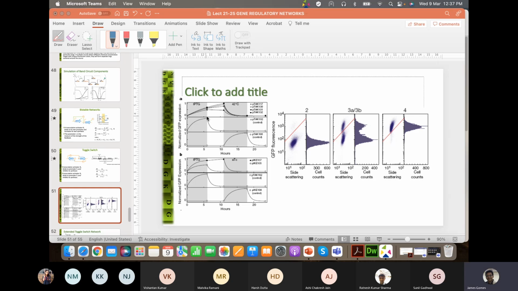So if IPTG is there, it comes up here, then it goes down, right? And because it is coming down here, then again it gets resynthesized because the other one will come up and give you this signal that is here. Okay.